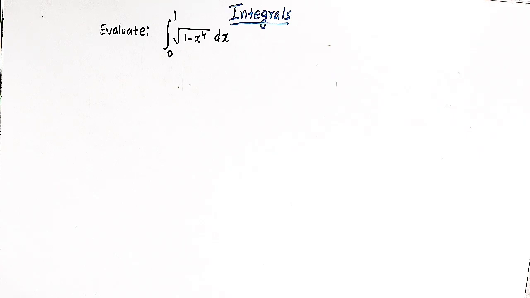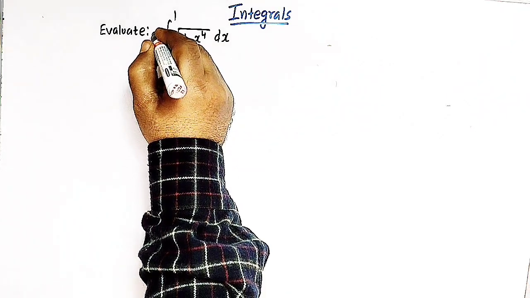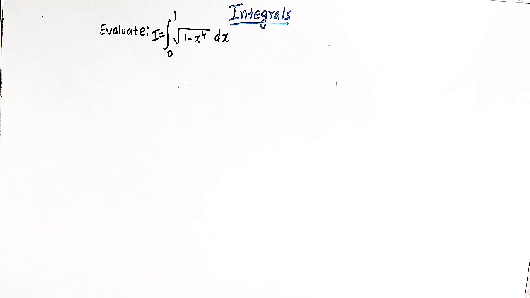So let us see how easily we can solve this integral using some important results from beta and gamma functions. So let us start, and let us first call this integral as I.